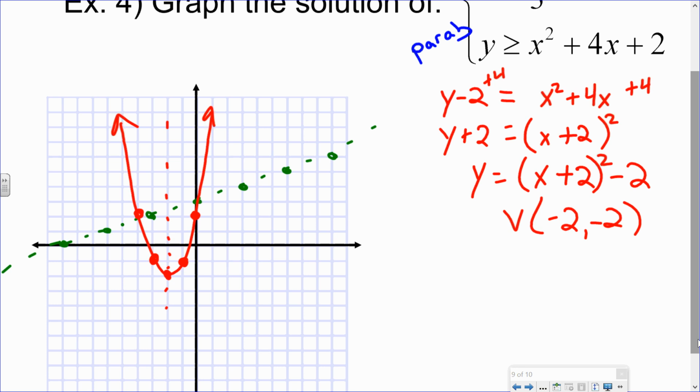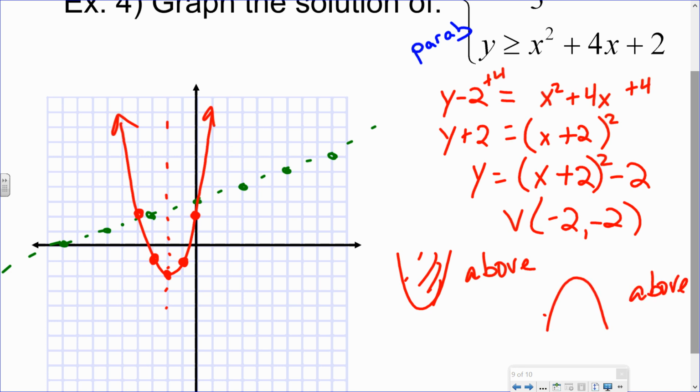If y is greater than, the y is above the parabola. So if I have a parabola like this, above the parabola is indeed inside. But if I have one like this that opens down, above the parabola is going to be outside. So that's why I want us to think about it as above and below. And if we aren't sure, we pick a test point and plug that in and see what happens.